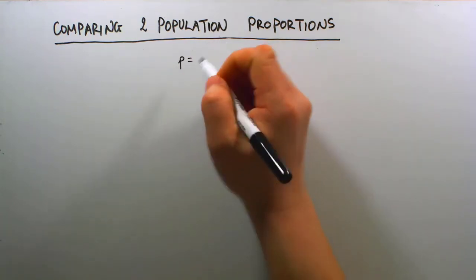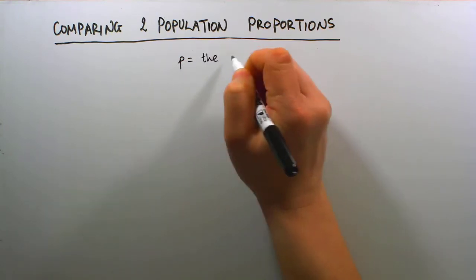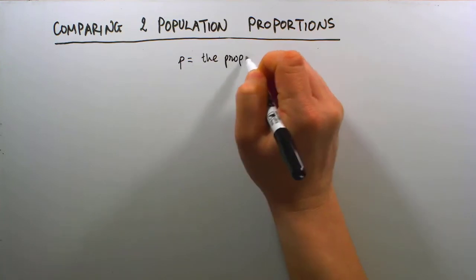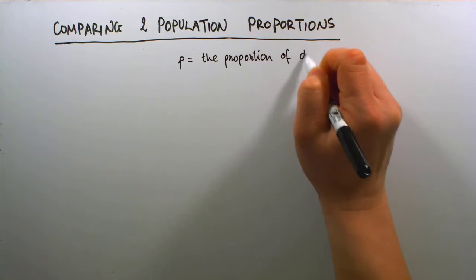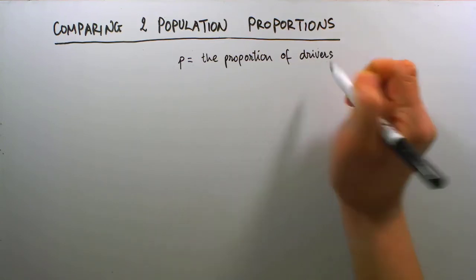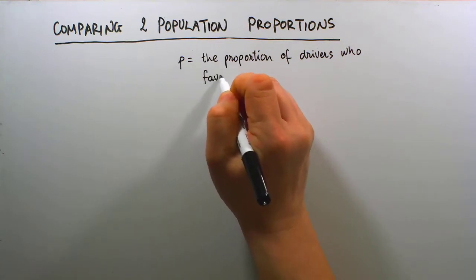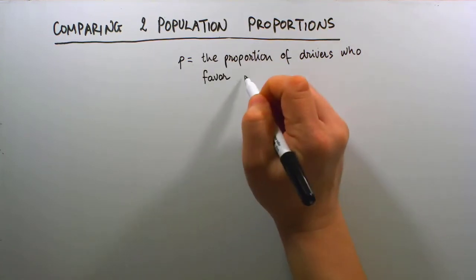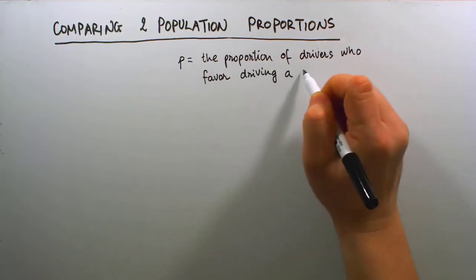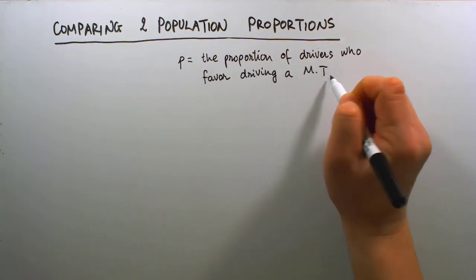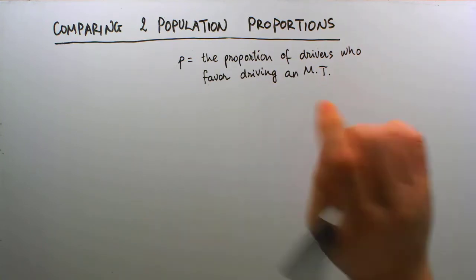That's called, so now lowercase letter p is the proportion of drivers who favor driving, and allow me to use a shorthand writing, an MT. That's short for a manual transmission.